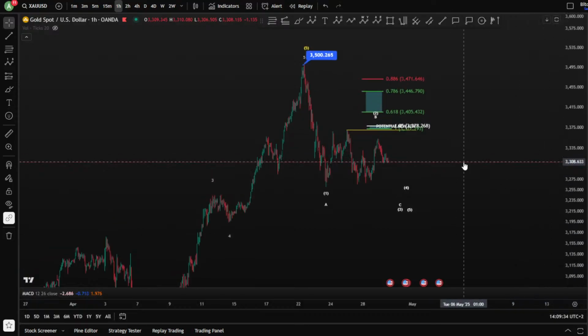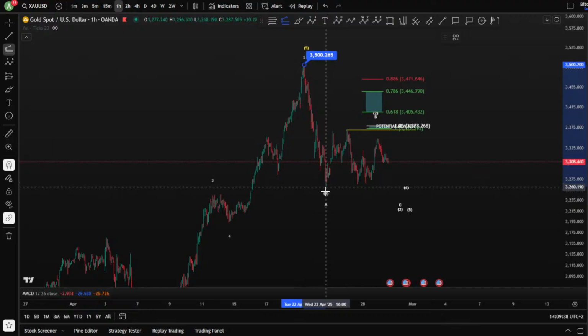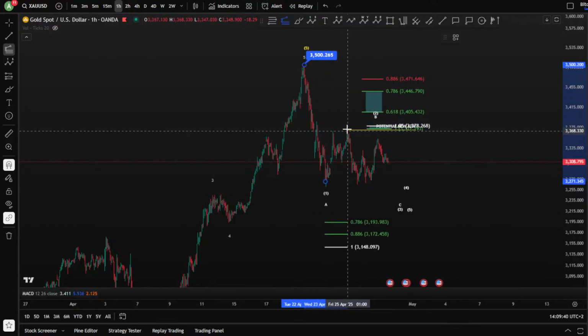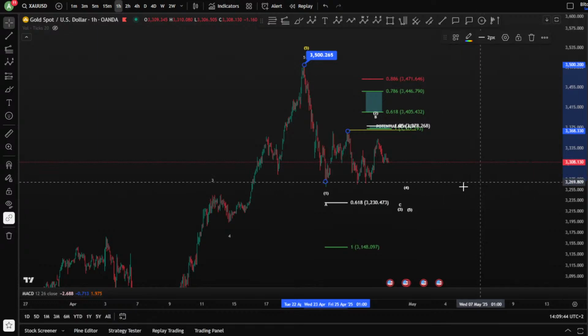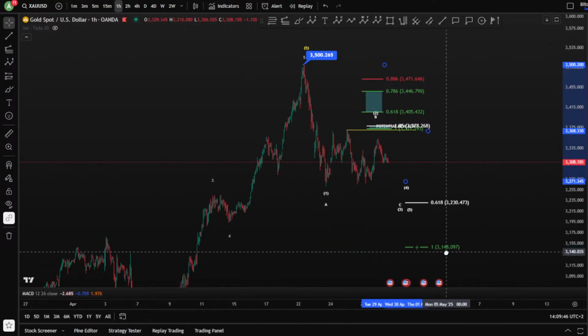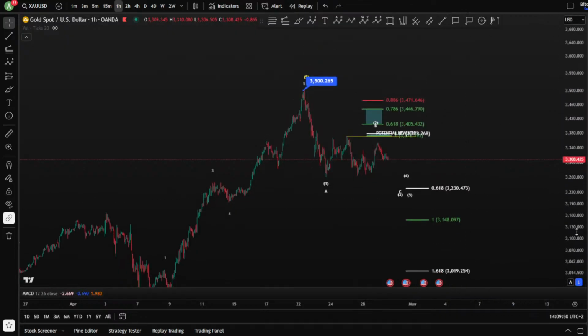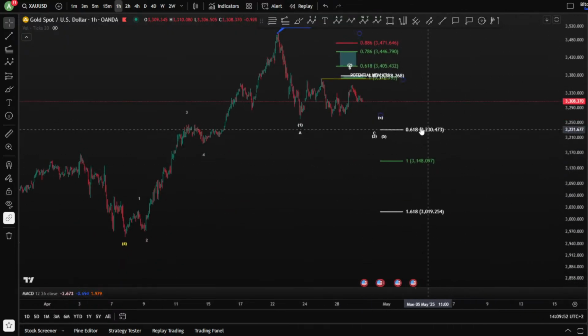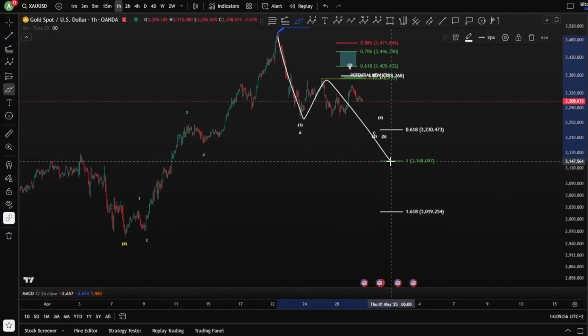All right, so basically what we are looking at as a target here is the following. If you have an A, B, and a C, this is the highest retracement as a wave B. You're looking here for a zigzag, right? Look at the fib levels, guys. The most common target for a zigzag is the 1-to-1 fib level.